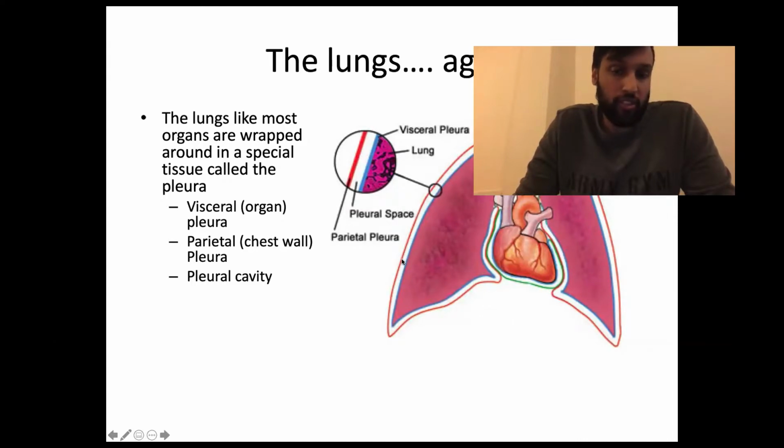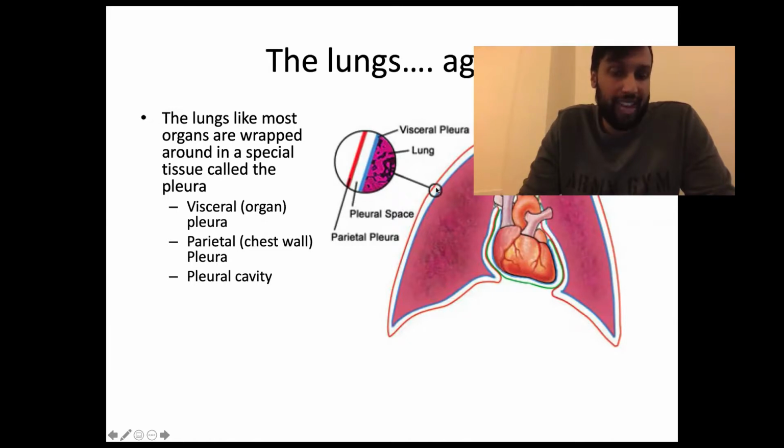And what do you think is going to happen if air fills this space? It's going to push onto the lung and cause the lung to collapse. That is a pneumothorax. A pneumothorax is where this space fills up with air, that air puts pressure on the lung, the lung can't expand, and you get a collapsed lung.